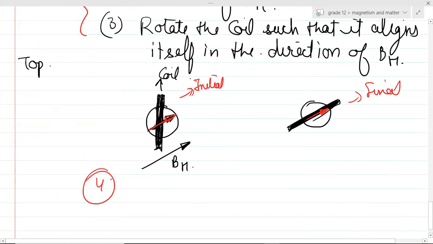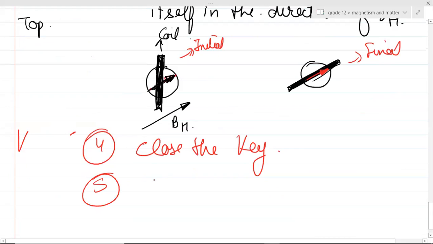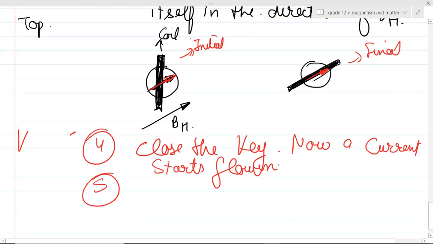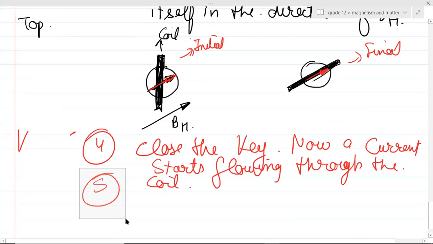So now the fourth step is to close the key. Once you close the key, what happens? Now a current starts flowing through the coil. Will a current start flowing through the coil?